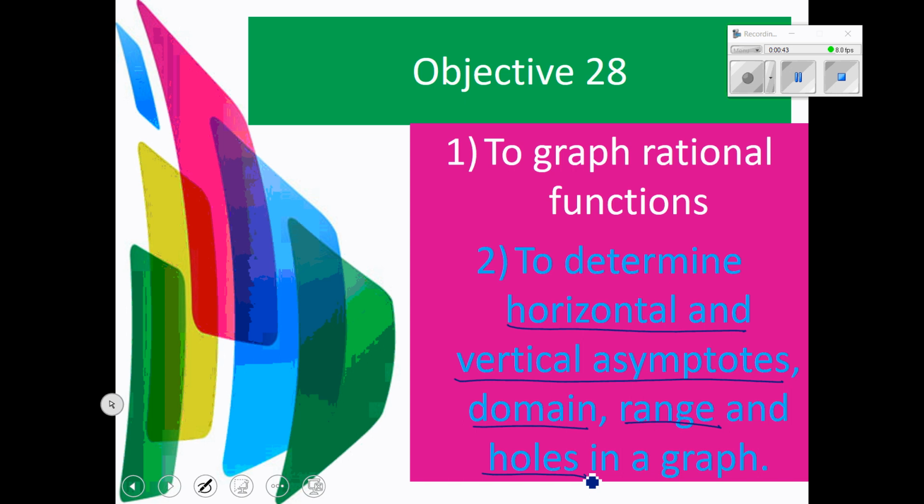I highly recommend that you use a colored pencil or a highlighter as we graph these, because it will be very beneficial for you to mark your asymptotes in a color so that you can see your function a little bit better, and you'll be able to determine your asymptotes a little bit better.